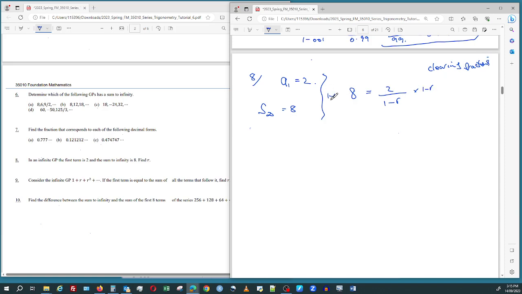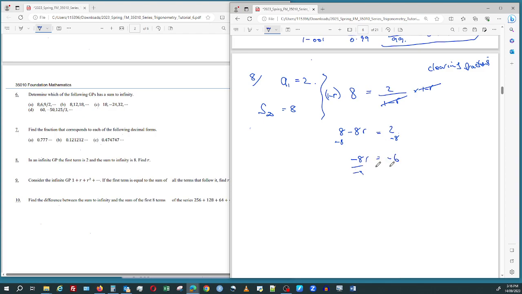So 1 minus R, both sides. Now because of the algebraic requirement, you need to group them in a bracket. So that'll become an expansion on that side, that will cancel. So we'll get 8 minus 8R. So now we've isolated it to some degree. So we can subtract 8, I think will be okay. So minus 8R equals minus 6.